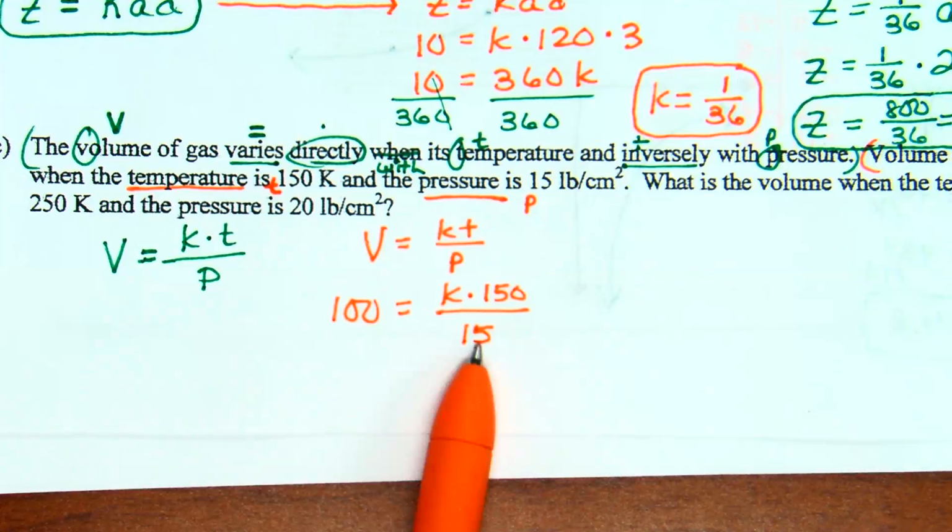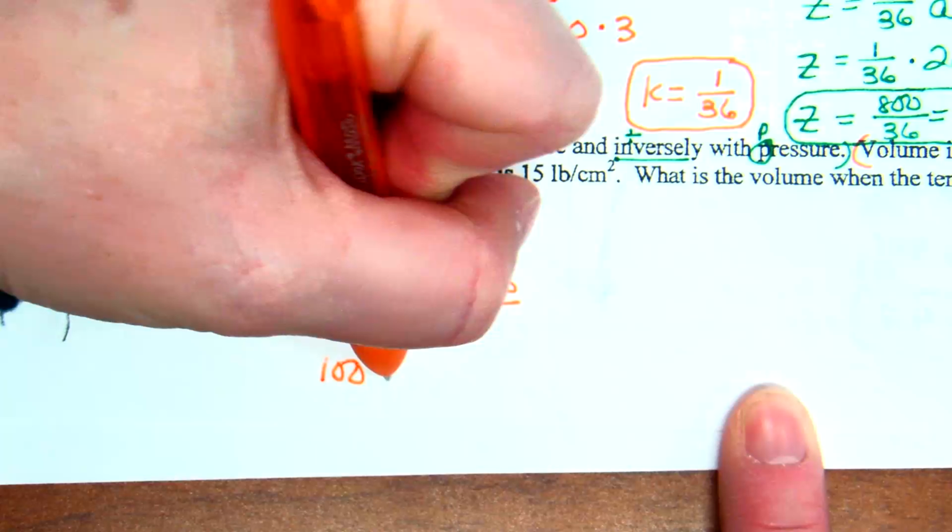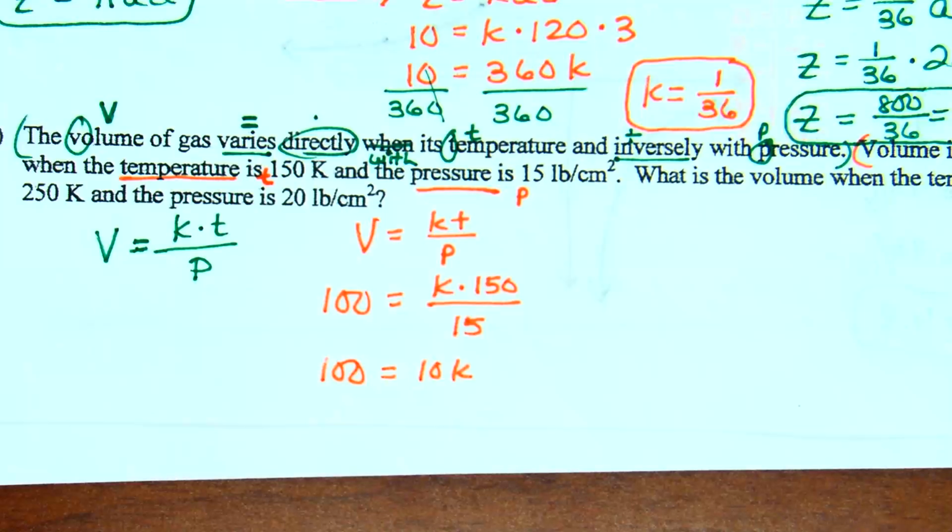And I didn't even read the last sentence yet, did I? What is the volume? So we're finding V when the temperature is 250 and the pressure is 20.